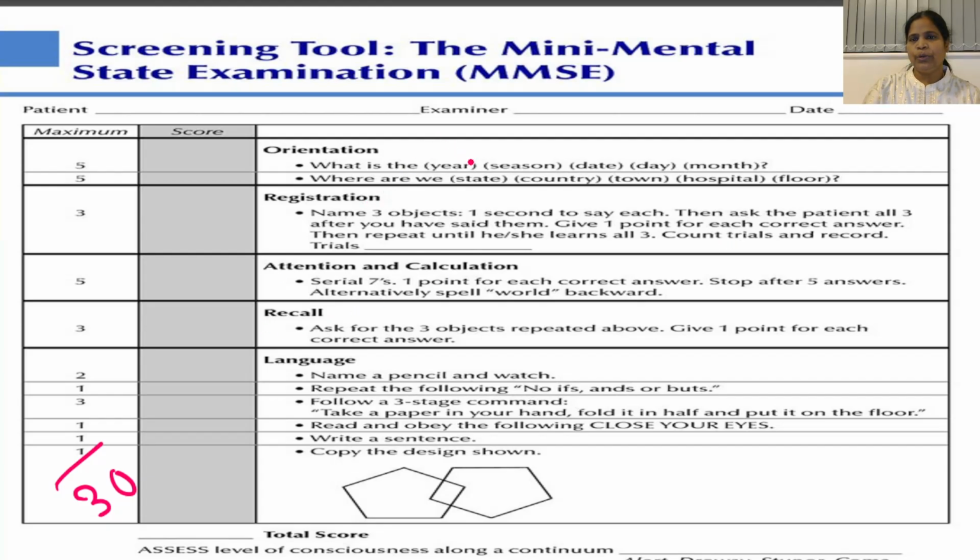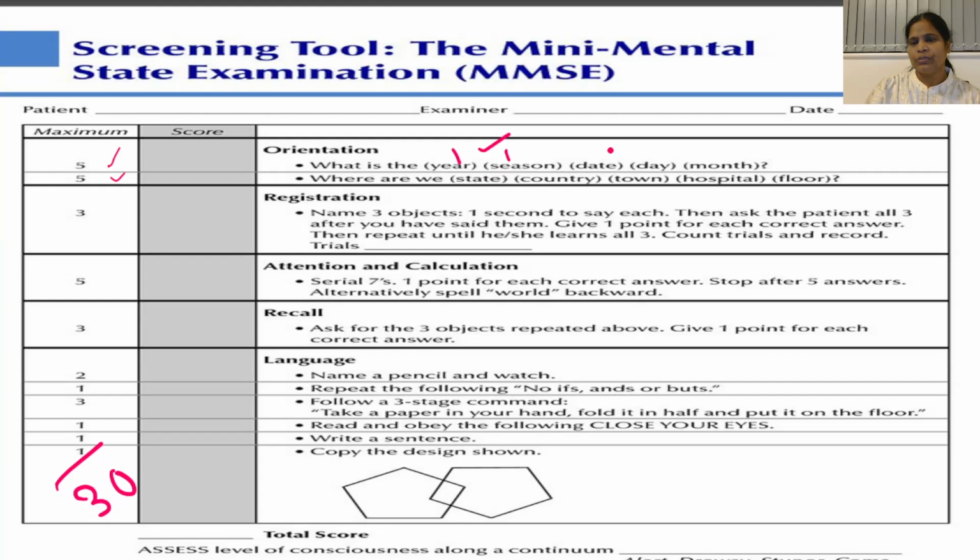Coming to orientation, we have 10 marks, 5 marks and 5 marks here. The first 5 marks are for year, season, date, day, month. Here we have 5 aspects. We are going to ask the patient what is the year, what is the season, date, day and month, and for each answer we are going to give 1 mark.